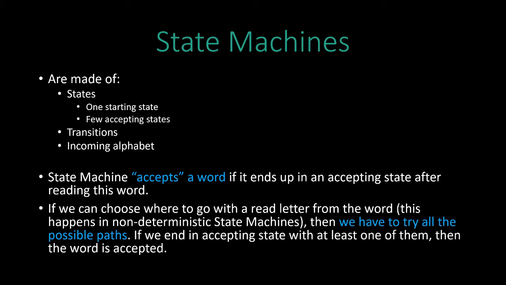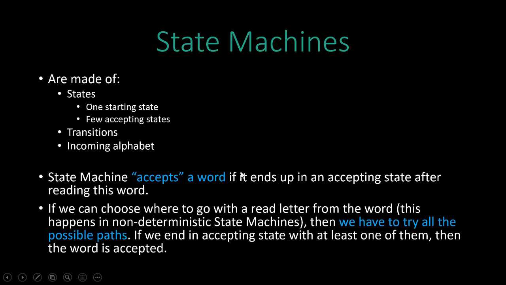But there are different types of state machines, so-called non-deterministic, where you might have multiple paths from one state accepting the same word. Taking in the same letter and then moving into other states. So there are multiple transitions from one state into other states after reading one letter.